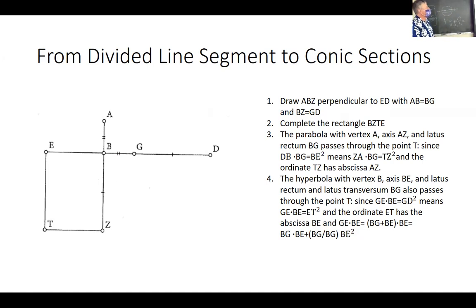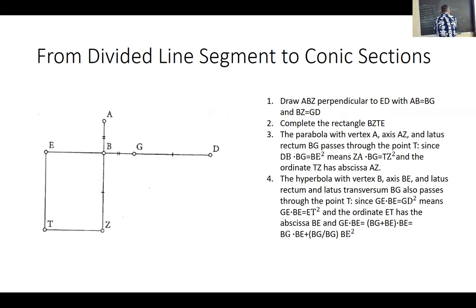Then you put in a parabola with vertex at A. AZ is its axis, so it's a parabola going like this. And you've got the latus rectum, BG.